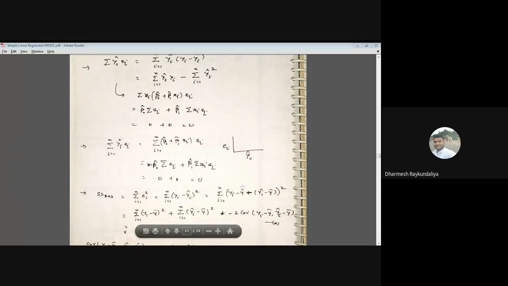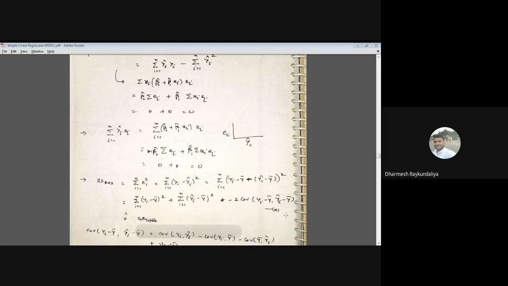Let us say a and b, so it is a minus b square, so it is a square minus 2ab plus b square. So a square is summation yi minus y bar square, b square is summation yi cap minus y bar square, minus 2 times ab, that is the covariance between yi minus y bar and yi cap minus y bar. Now what is that?